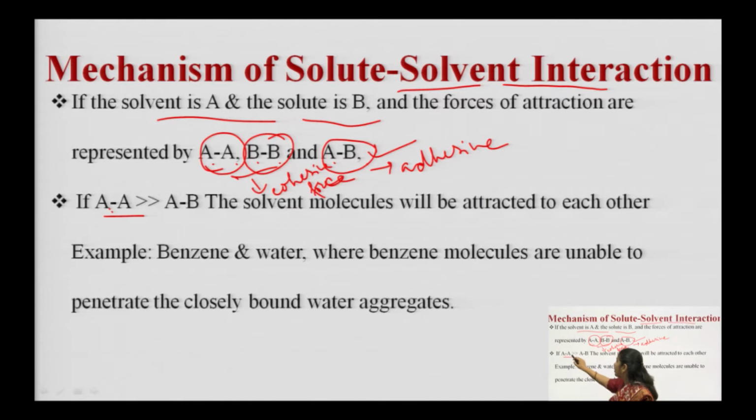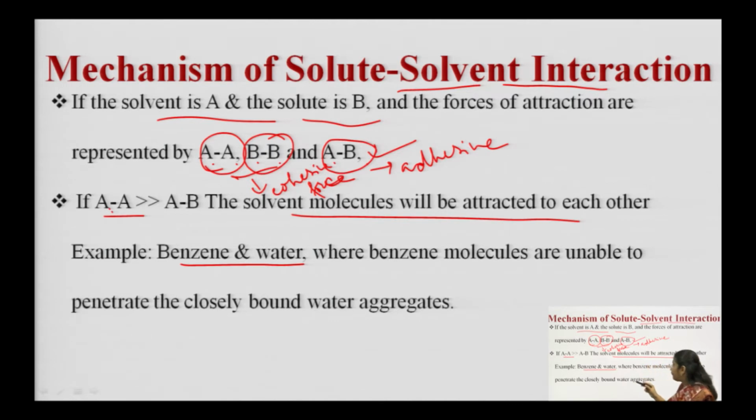Now, if the cohesive force between A and A, that is, between the solvent molecules, is much greater than the attraction force between the solvent and the solute, then the solvent molecules will be attracted only toward each other. This can be explained by the example of benzene and water. In water, hydrogen bonds are formed, so the water molecules are closely bound to each other.